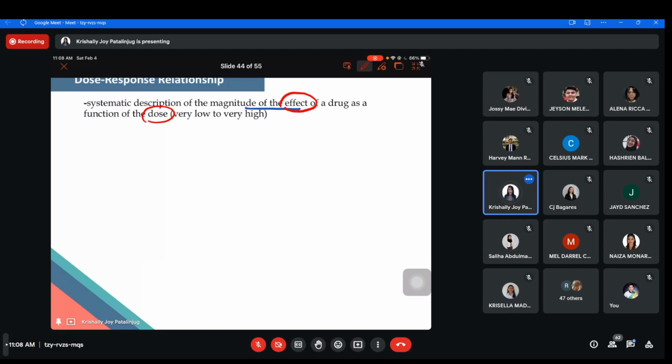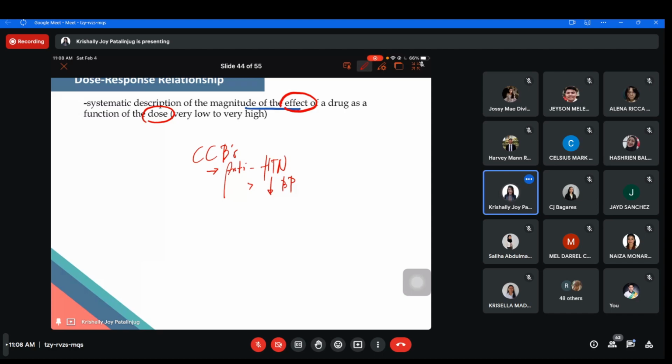Okay? So let's say, for example, you've heard about CCBs, di ba? I've mentioned about CCBs, the calcium channel blockers. Now, in general, ang mga calcium channel blockers, they are classified as antihypertensives. Okay, I repeat, they are classified as antihypertensive agents, meaning to say they can lower blood pressure.